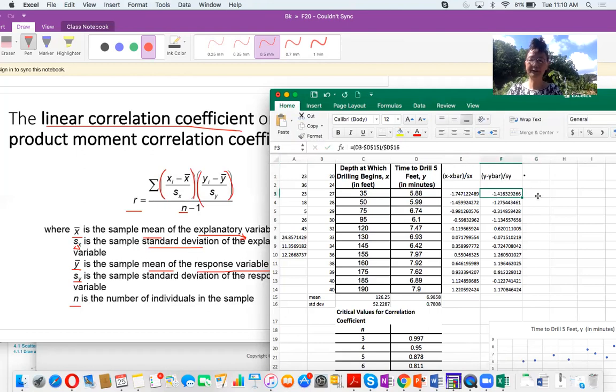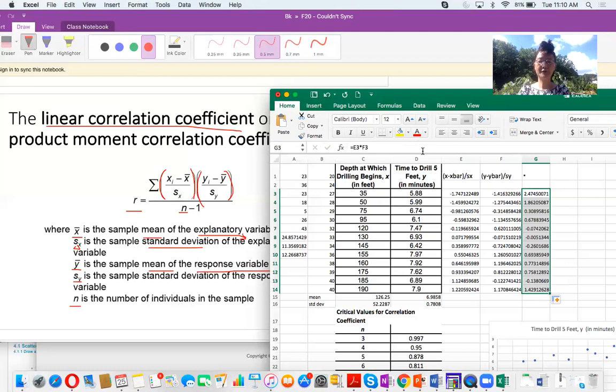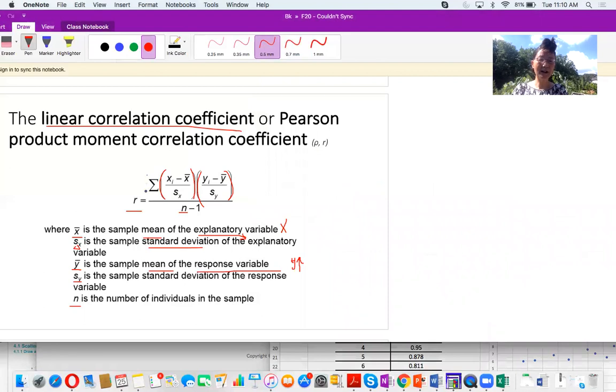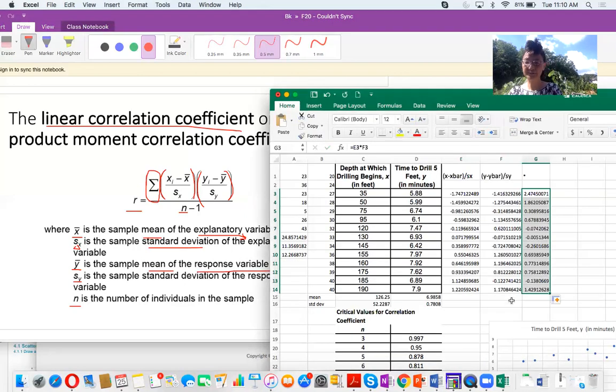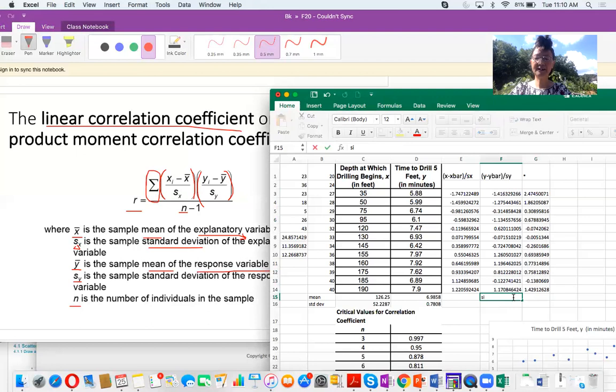This number multiply this number, equal multiply, and do the same thing for all the cells. So I finished multiply, and then this sigma means add them all. Do the addition. So there is a sigma, means sum all these numbers together. That is the sigma.